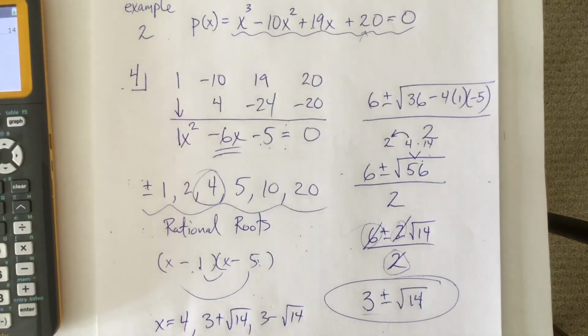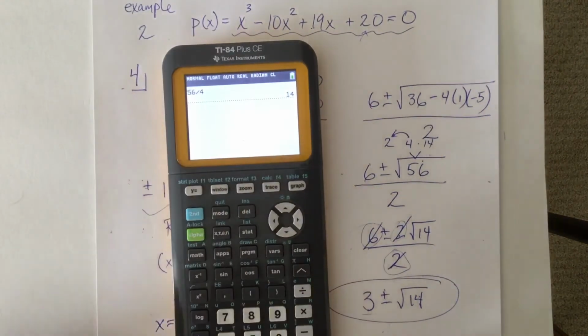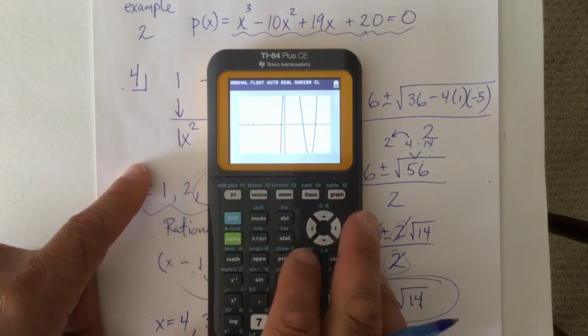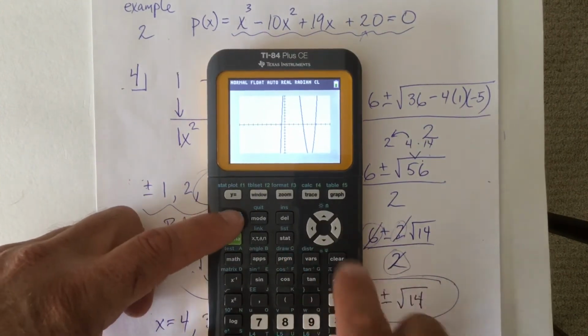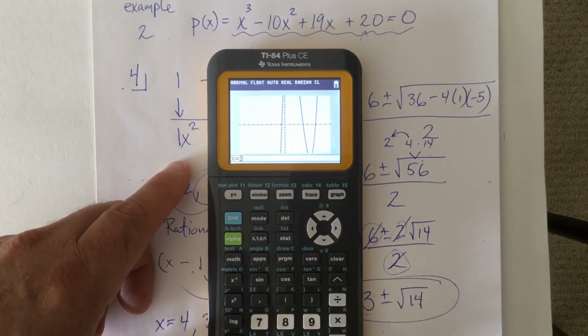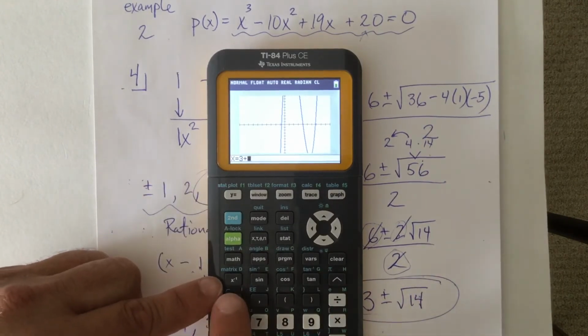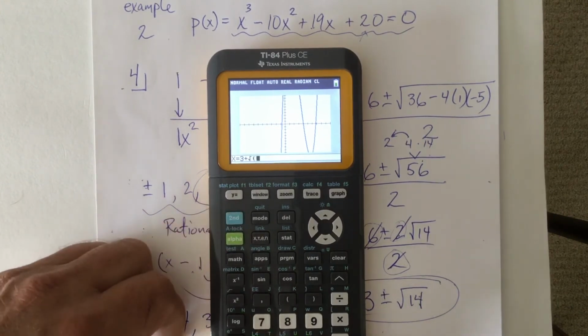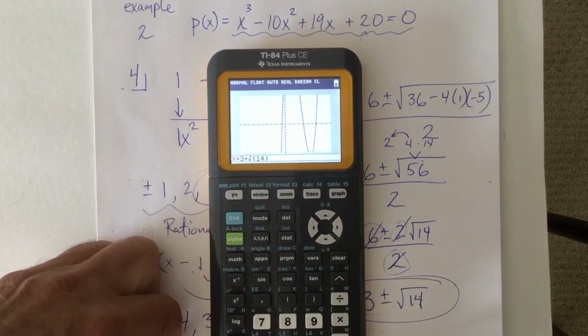Now, you don't believe me? Check this out. I'm going to go back to my graph. I'm going to hit graph. And I'm going to be so bold as to enter second, calculate the value of 3 plus. Now, the root key is right here. Right above x squared, you'll see the root. So the square root of 14, guess what it's going to say?